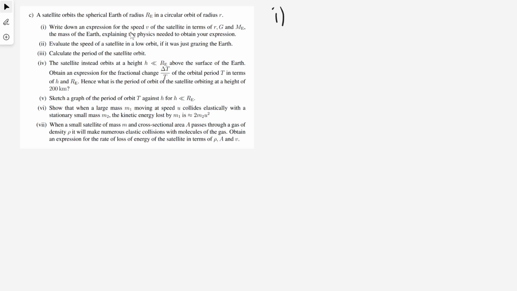In order to obtain the speed of the satellite, we're going to be looking at the net force. So the gravitational force will be equal to the net centripetal force. Our gravitational force is given by GMm over r squared.